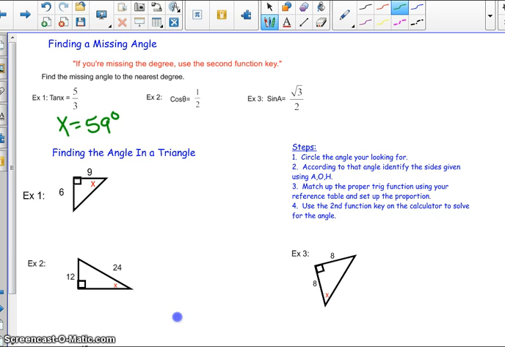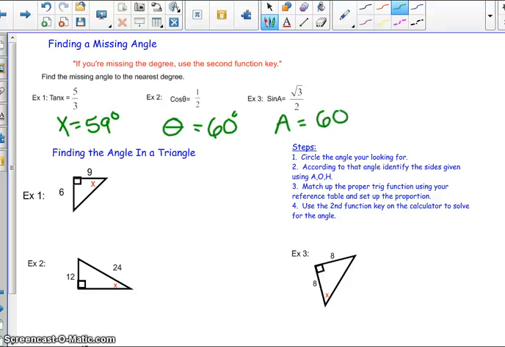Why don't you guys try the next one? What's theta going to equal? Use second cosine 1/2. 16, very nice. Yep, just a variable. Okay. And then here a is going to equal what, right? 60.